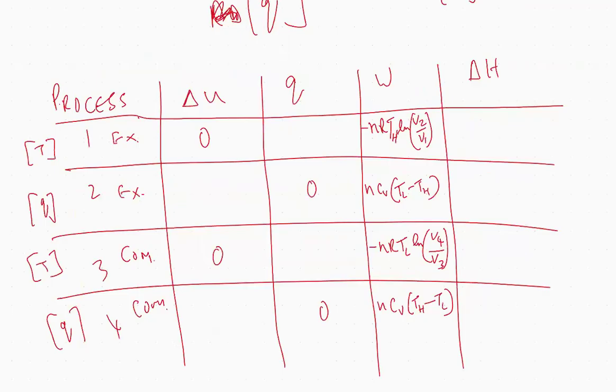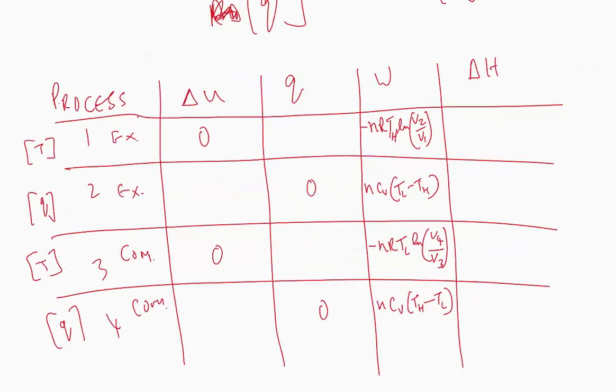Okay, so that's W. Now let me go to delta U. Delta U here is given by n Cv T low. You can see this is similar because Q is 0, right? The equation is delta U equals Q minus W. That's how we get it.